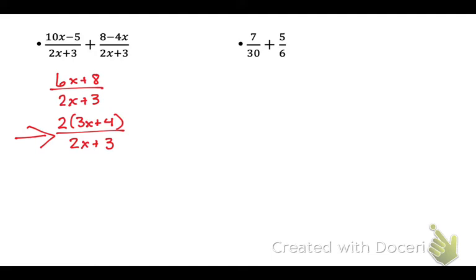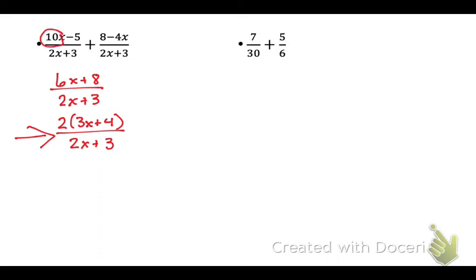Okay, I want you to do the next problem on your own. It's easy. Good, so do it. I'm watching. I already know how to do this one. How'd you get 6x plus 8? I have 8.